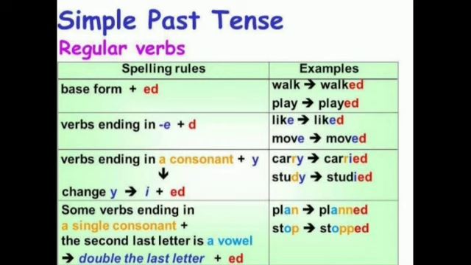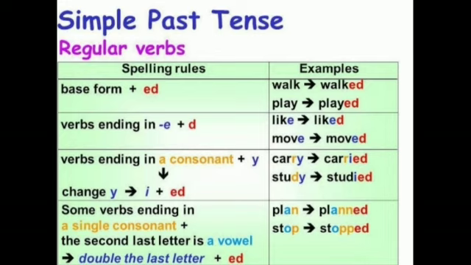In simple past tense, regular verbs change. If the base form is walk, we have to add ed to make it walked. In the same way, play, played. Then if the verbs are ending in e, we have to add only d. That is like, liked; move, moved.